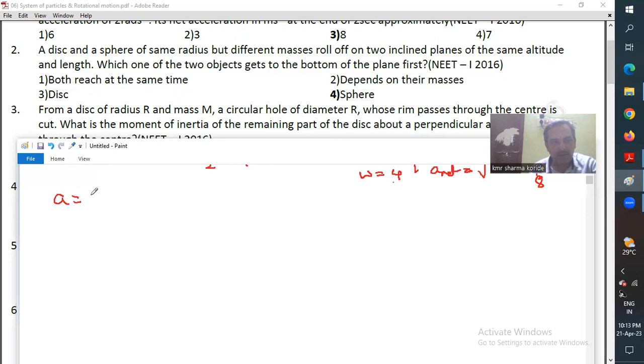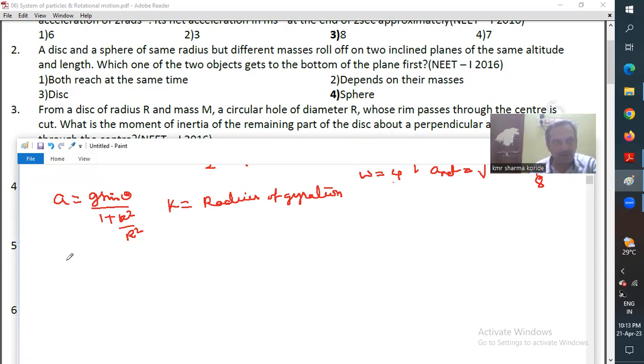A is equal to g sin theta by 1 plus K square by R square, where K is the radius of gyration. Now, the equation of radius of gyration will be different for different substances.